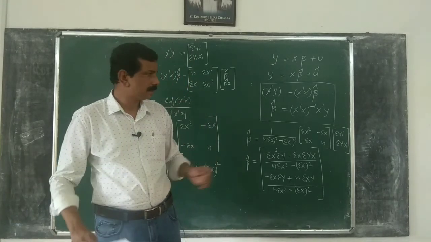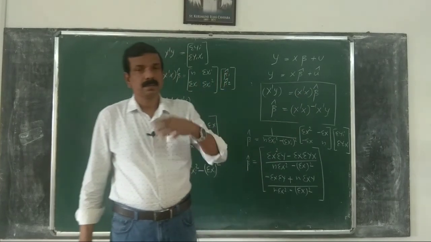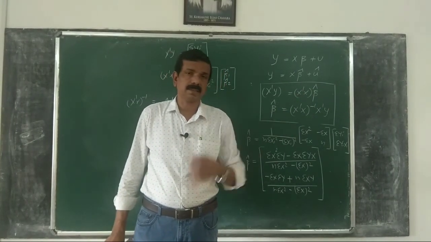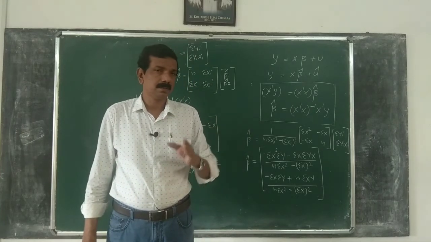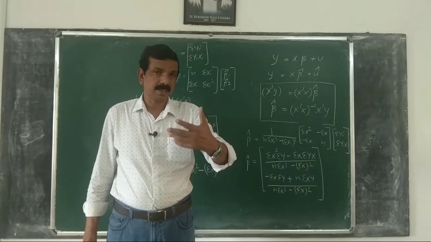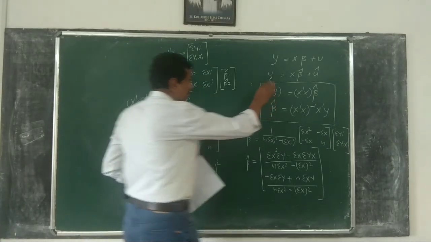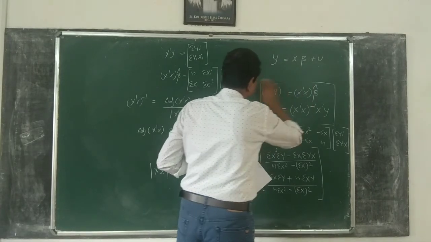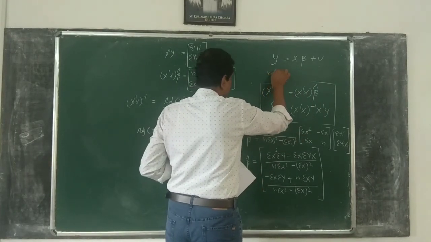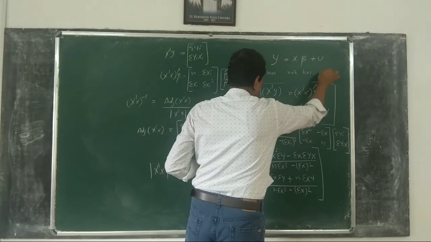And when you practice, always write down the order of X, beta hat, etc. Remember, the order of the Y matrix, X transpose X, X, everything is derived from this: Y is n by 1, X is n by k, beta is k by 1.